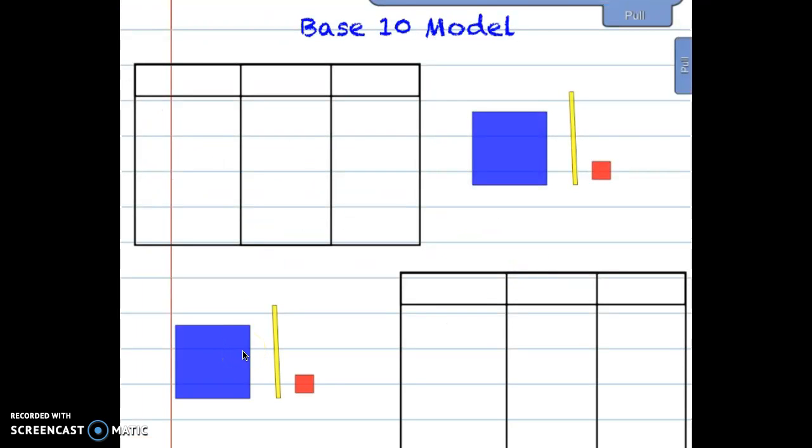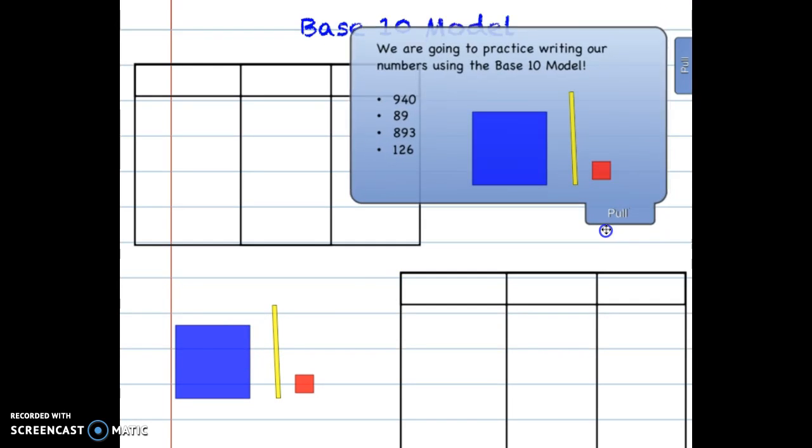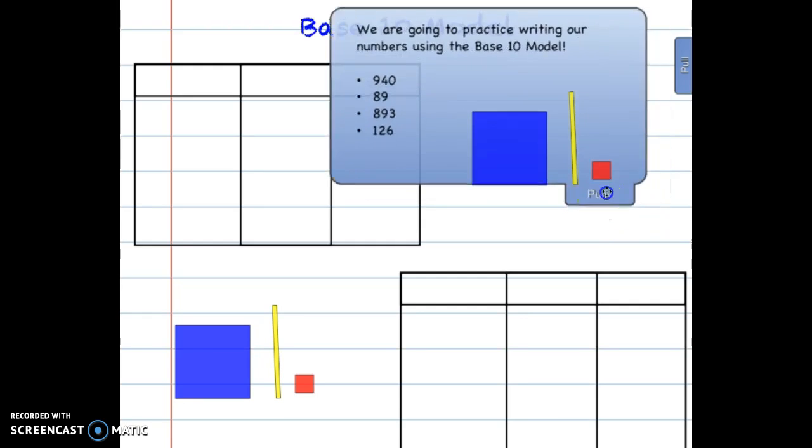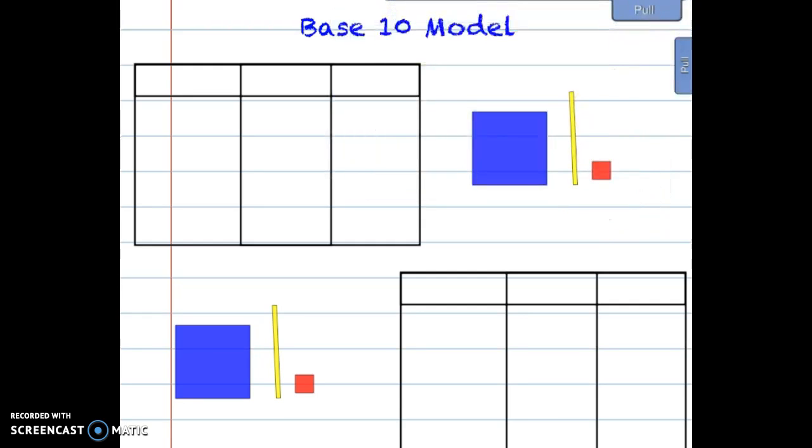All right, now we're going to practice our base 10 model. Let's pull down this tab and see what type of numbers we have to work with. All right, so let's try 89. Now remember, you have to work in these blocks only. So let's write in 80 in the tens place and 9 in the ones place. So we're going to need 8 of these.